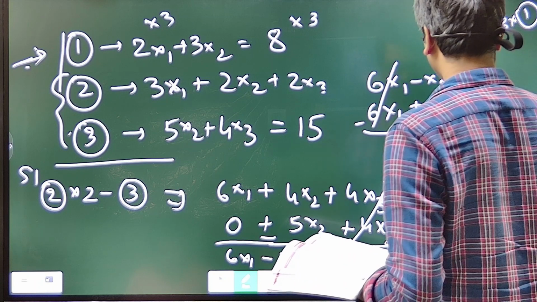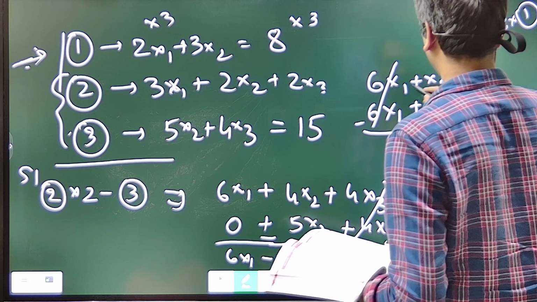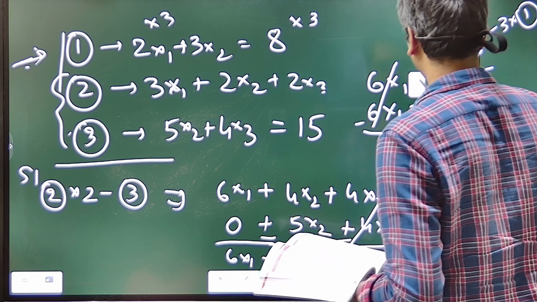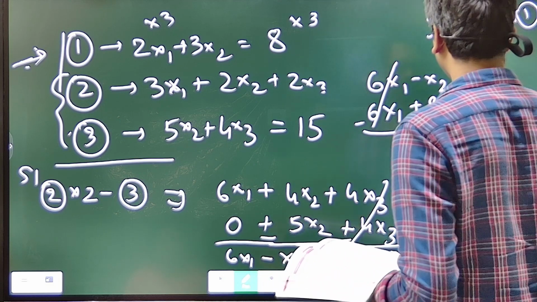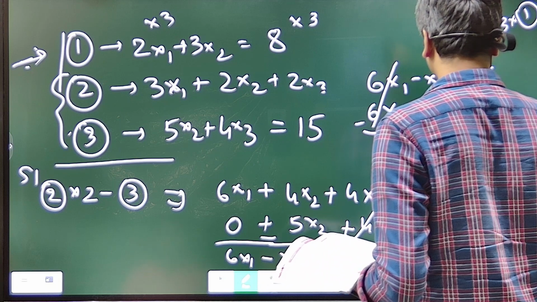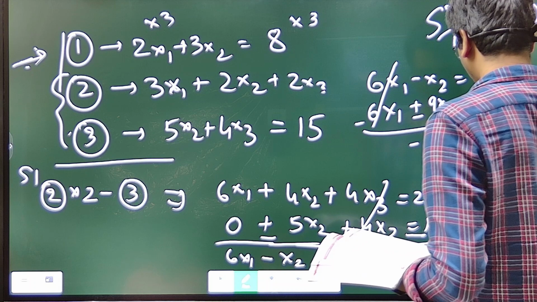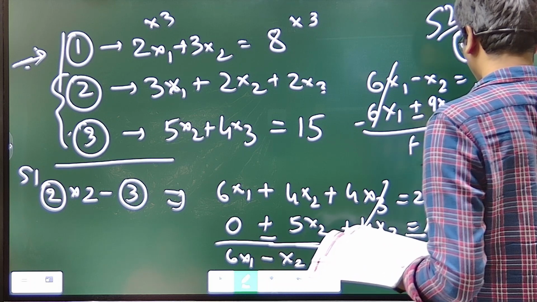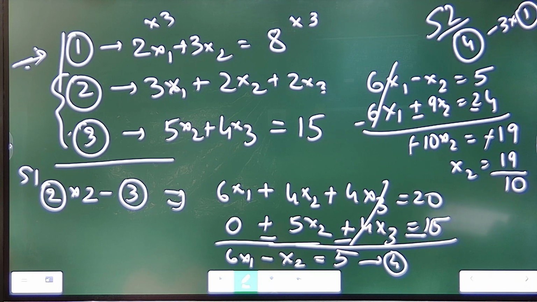This is gone. So you have minus 10x2 equal to minus 19. x2 equal to 19 by 10. Got it? The remaining steps are simple. Just substitute the value and you will get x1 and x3.